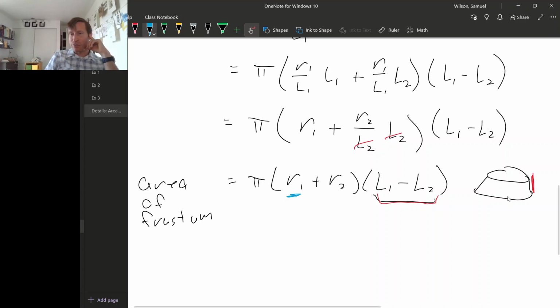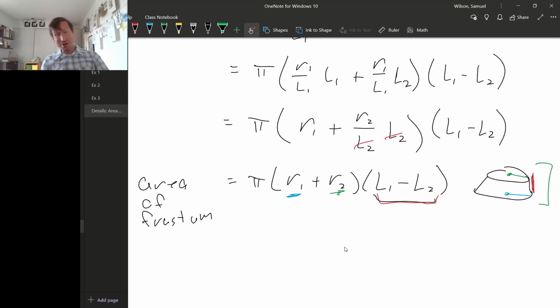R1 is the radius of the bottom, and R2 is the radius of the top, so you could measure those. So this is sort of an indication that this way of writing the area of a frustum is good, because you can find all of the pieces of it just if you have the object sitting in front of you. All right, so finally we know the area of the frustum of a cone.